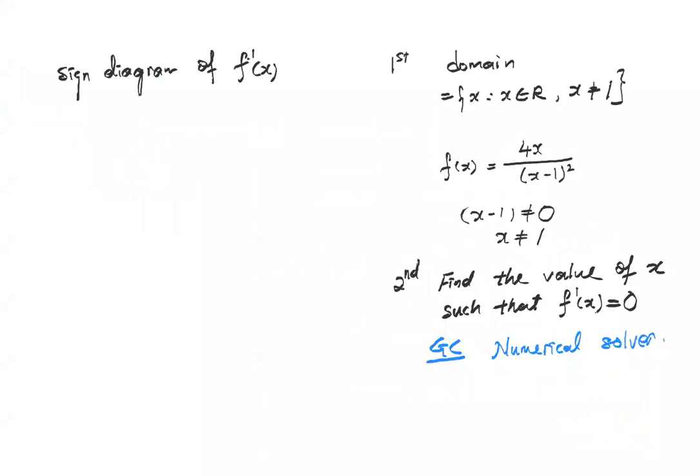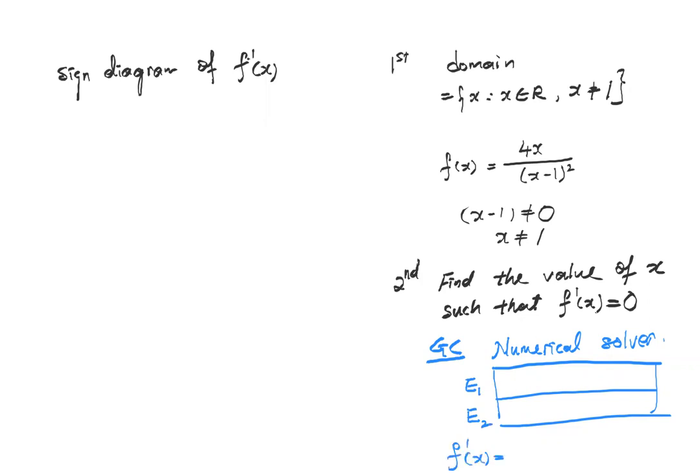You have your numerical solver. When you press your numerical solver, there are 2 equations that you're supposed to key in, E1 and E2. So I'm talking about f prime x equal to 0. So this one you put into E1. Where is your f prime x? Y2. So you call out your Y2 and here you put 0.